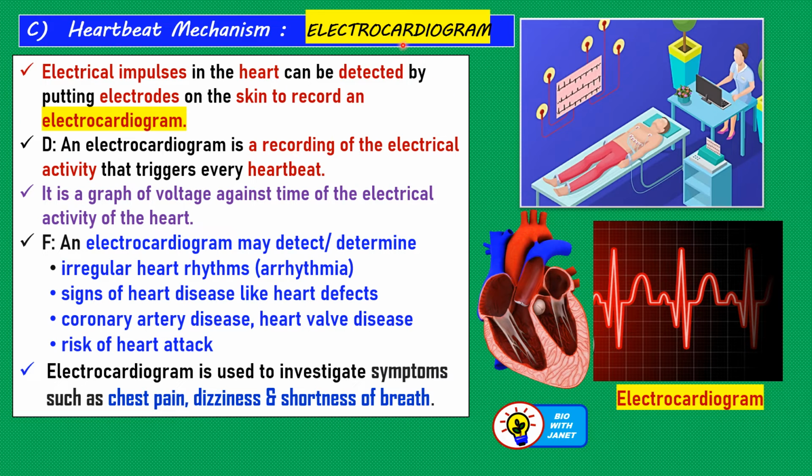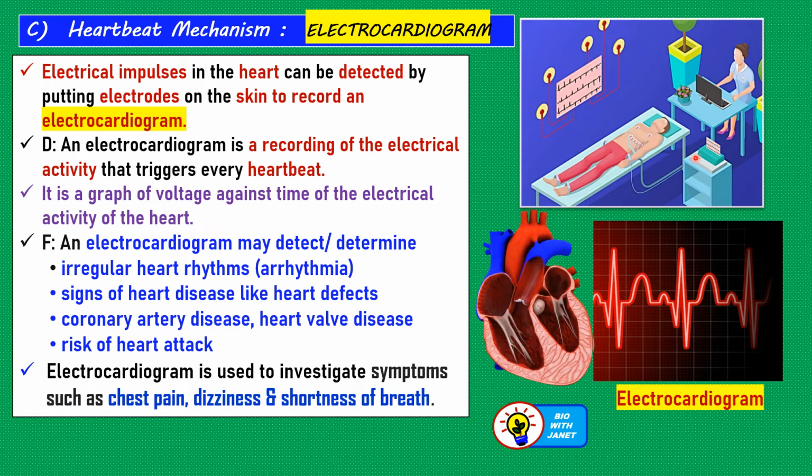Now, the textbook just mentioned something about electrocardiogram. So let's find out what it is. The electrical impulses in the heart, conducted by the sinoatrial node, atrioventricular node, and so forth, can be detected by putting electrodes on the skin. As you can see on this man, electrodes are put on the skin to record an electrocardiogram.